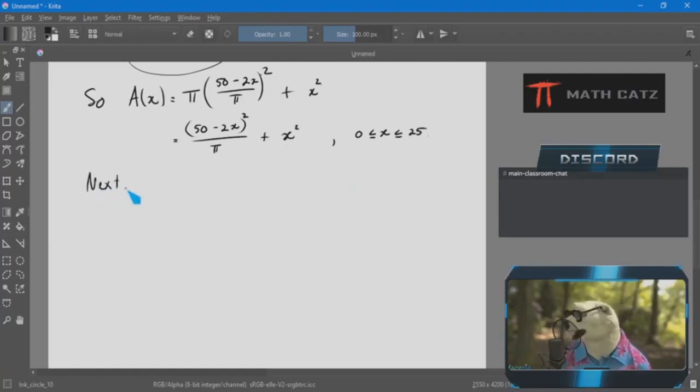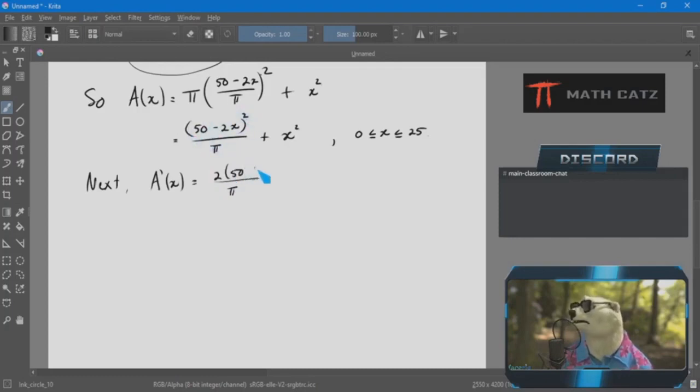Next, I will find my derivative because I need to find the critical points, right? Now I just have a constant 1 over pi in front, or I could leave it at the bottom. It's not a quotient rule because the denominator is constant. And I have a little chain rule here, not a super big deal.